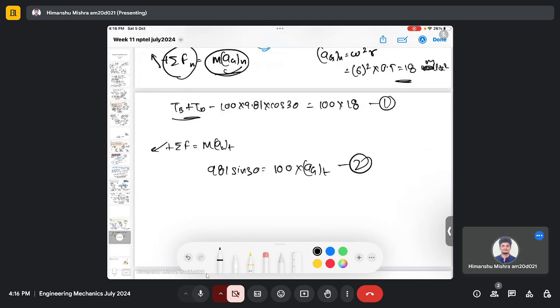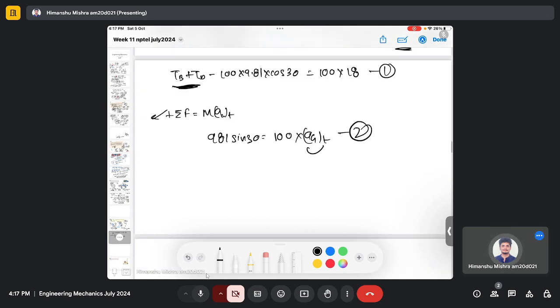As you can see here, the unknown is acceleration. So you can actually find the acceleration from equation 2, but still we have two unknowns in equation 1. So we need the moment equation.